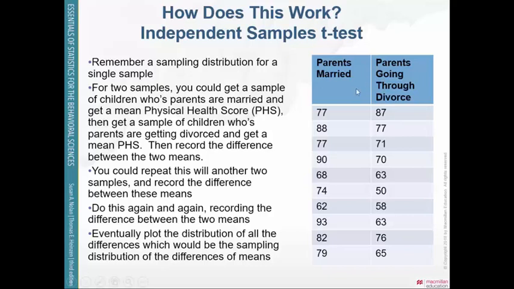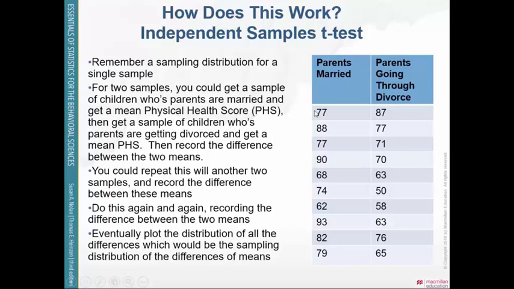Here's an example. In this case, we have two groups of individuals. We have children whose parents are married and children whose parents are going through divorce. So two groups of individuals, we've got 10 people in each group, and we're measuring their physical health score, or PHS. And our research question is, does the marital status of a child's parents affect their physical health?